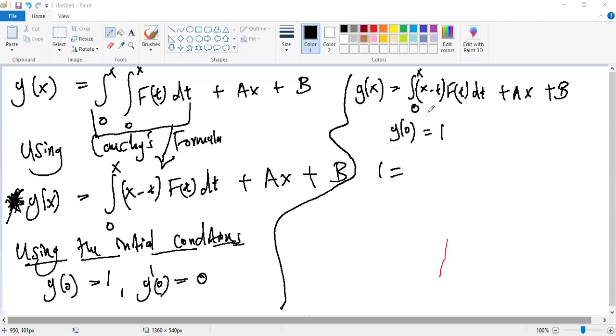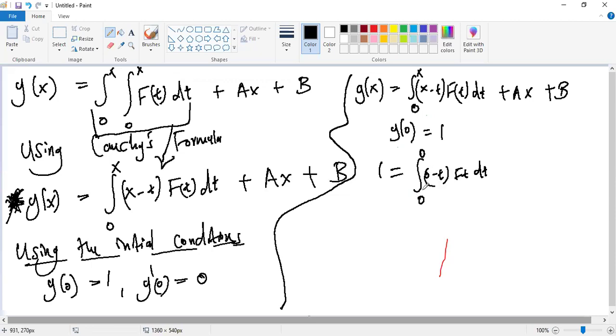Now, I don't have to replace this simply because when x is 0, we will be integrating from 0 to 0 of (0 minus t) f(t) dt. It doesn't really matter what we get here; if we are integrating from 0 to 0, we are going to get a 0.